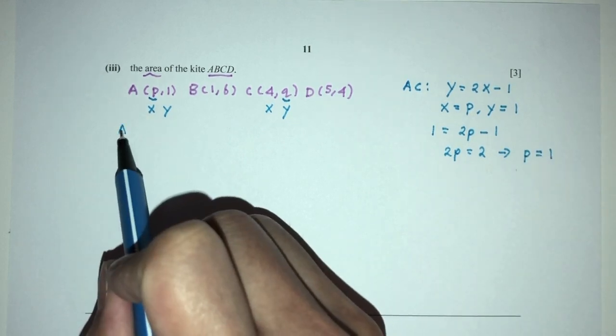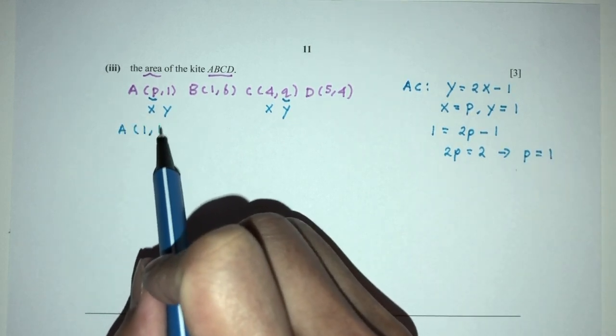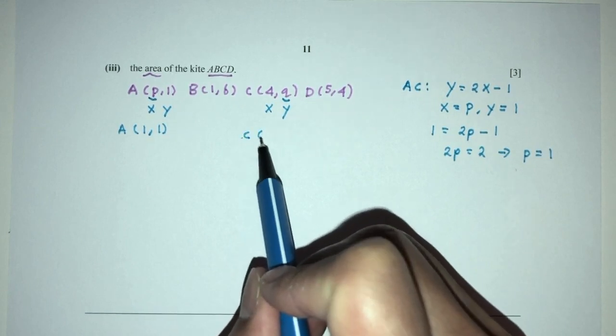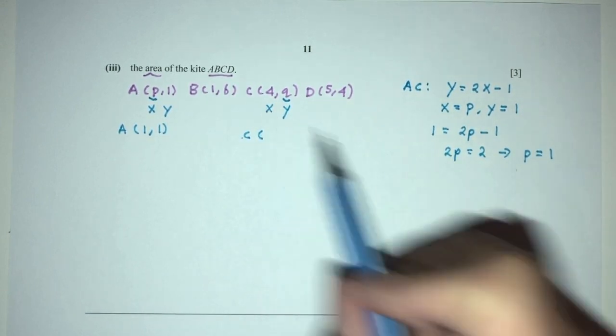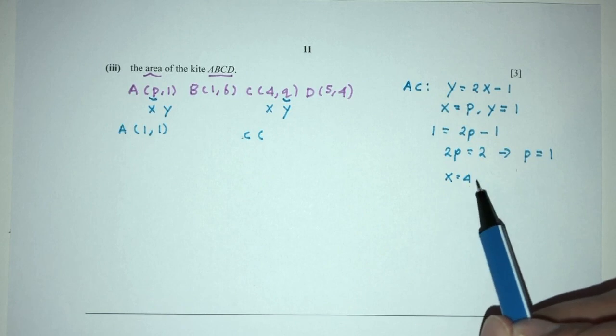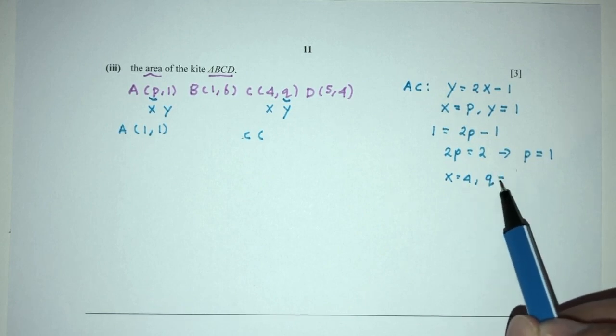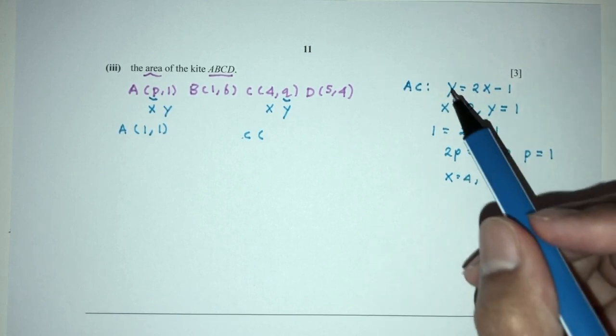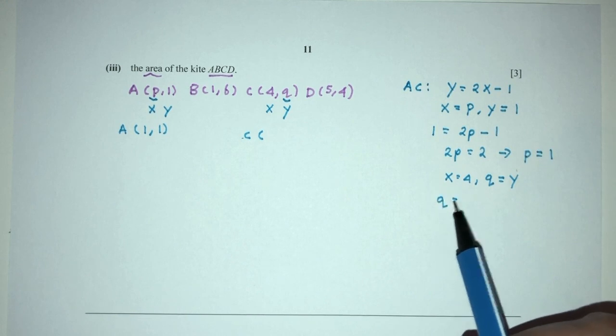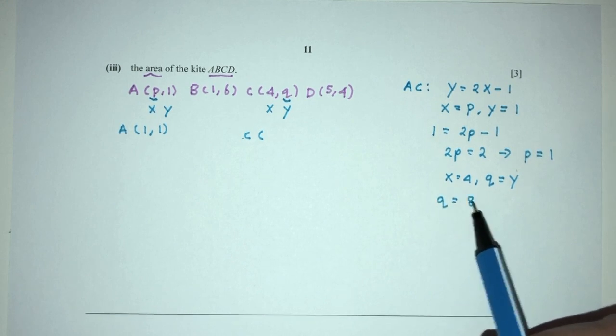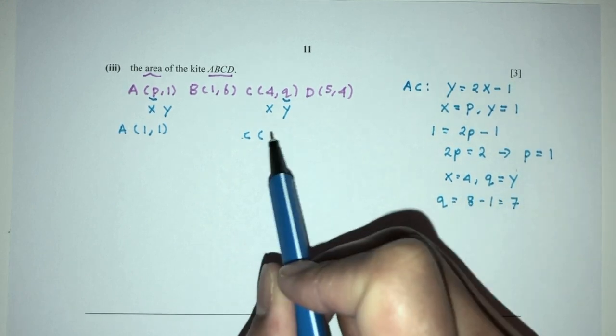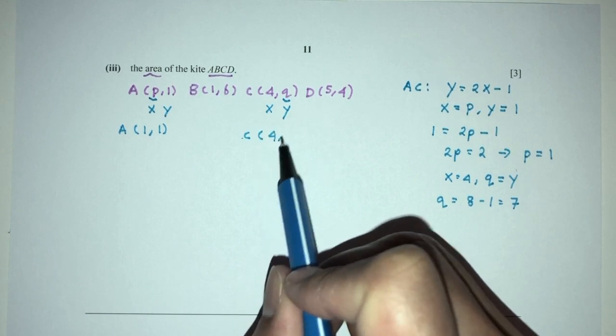So A is the point (1, 1). Now see here, same steps. When x is equal to 4, the value of y is Q. Replace, you will have Q equals 2 times 4 is 8, minus 1, that will be 7. So the point C is (4, 7).